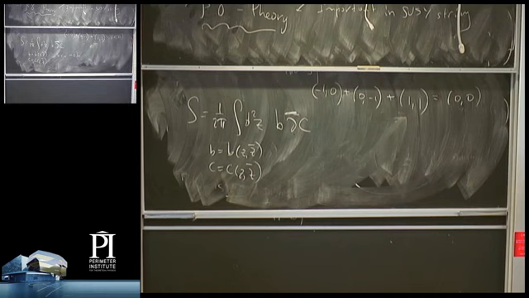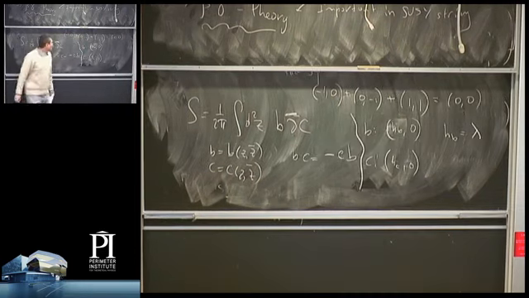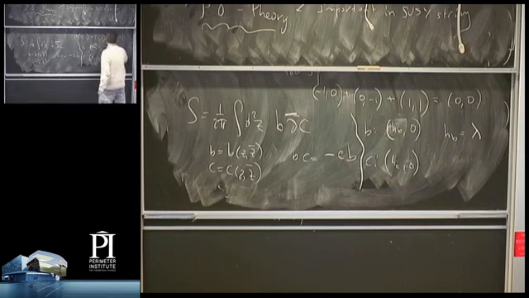They don't have anti-holomorphic weights. In particular, I'm just going to declare that my field B has weights (h_B, 0), and my field C has weights (h_C, 0). And I'm going to say that h_B equals lambda.